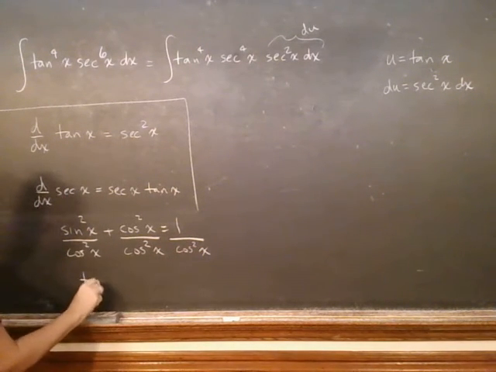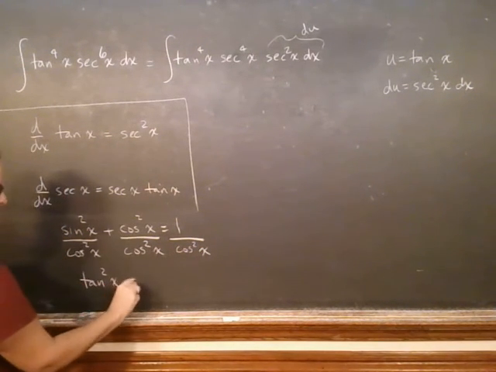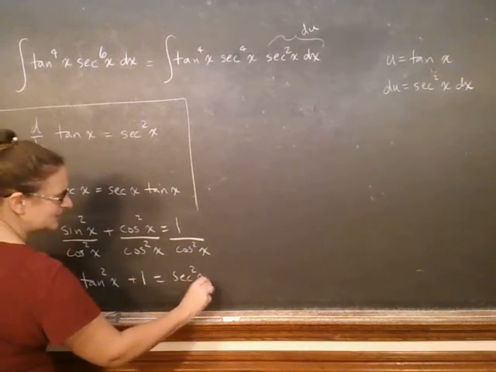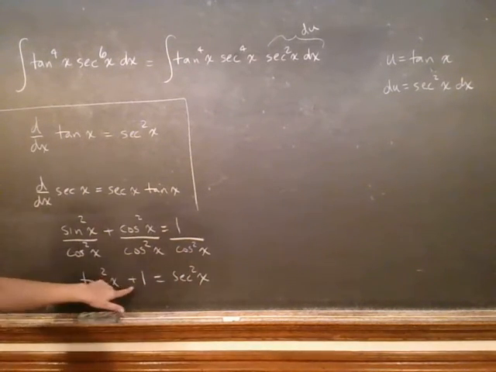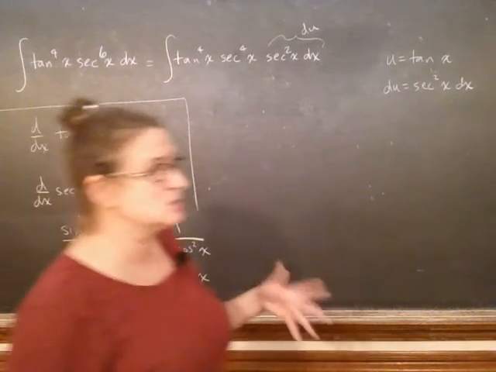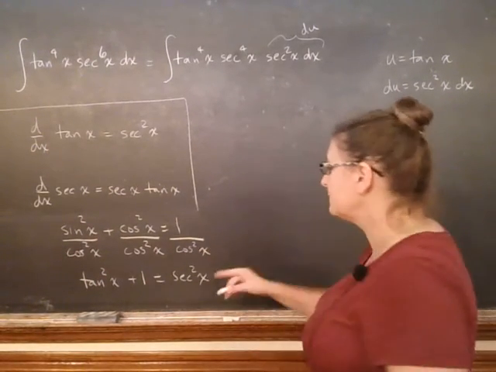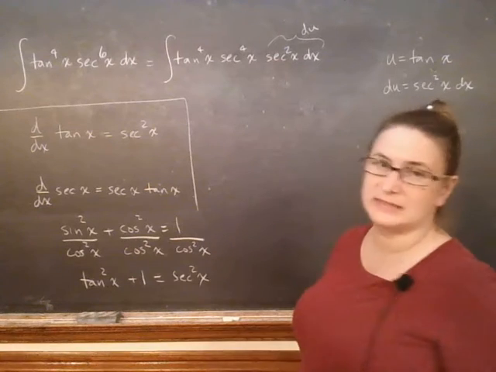And that gives me the identity that I want, which is tangent squared plus 1 equals secant squared. This is the part I always forget, whether it's plus 1 or minus 1 or whatever. But it's that. So if you see me forget and try to remember by doing something like this, that's what I'm doing.